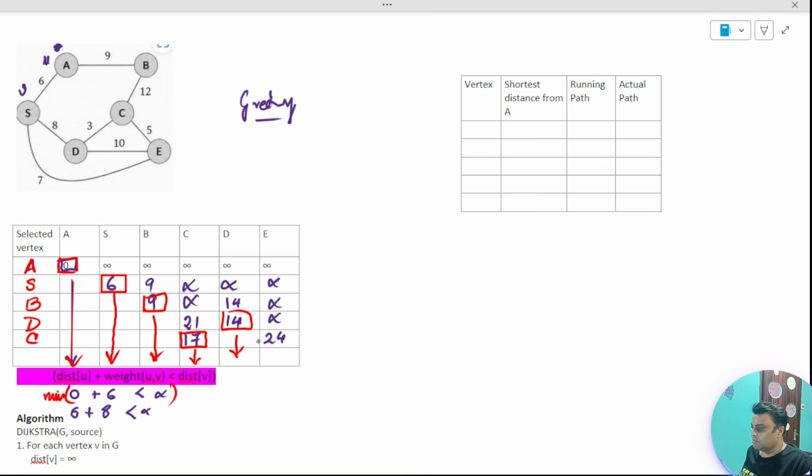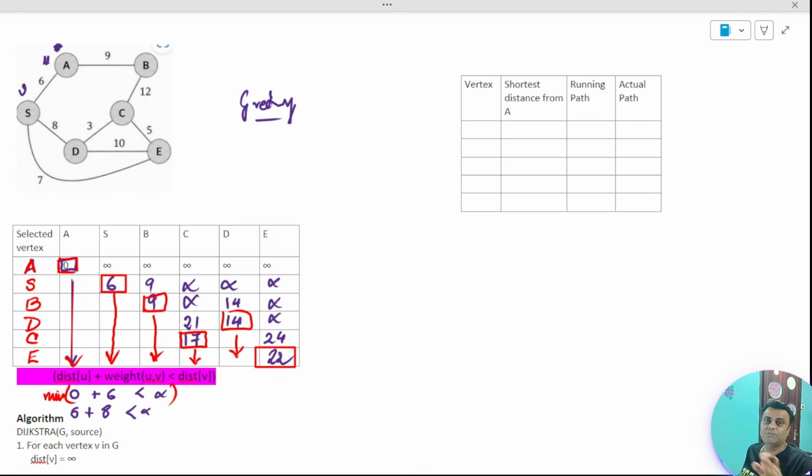Actually not, I'm doing a wrong thing here. I got 5, I should be adding 5 to 17. My bad, brain freeze. So 5 will be added to 17, which is 22. 22 is compared with 24. 22 is minimum. So 22 comes here. This is selected because this is the only minimum column here, and therefore I will say I have selected E.